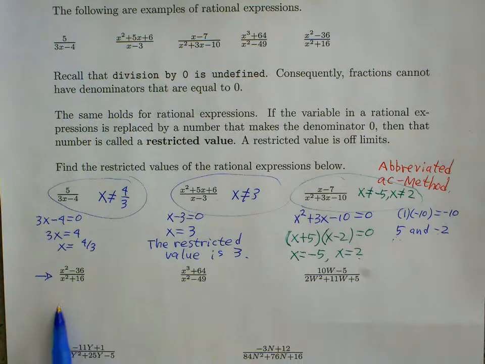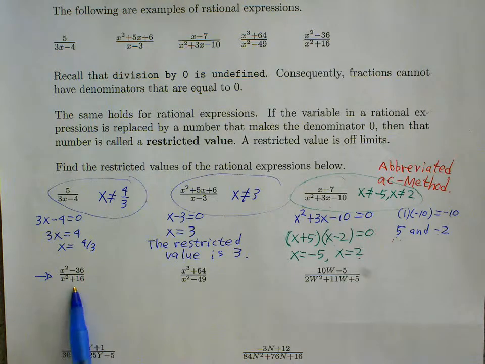Okay, there's a couple of suggestions online, both saying -4. Well, we can test it. If you replace x in the denominator with -4, -4 squared is 16.